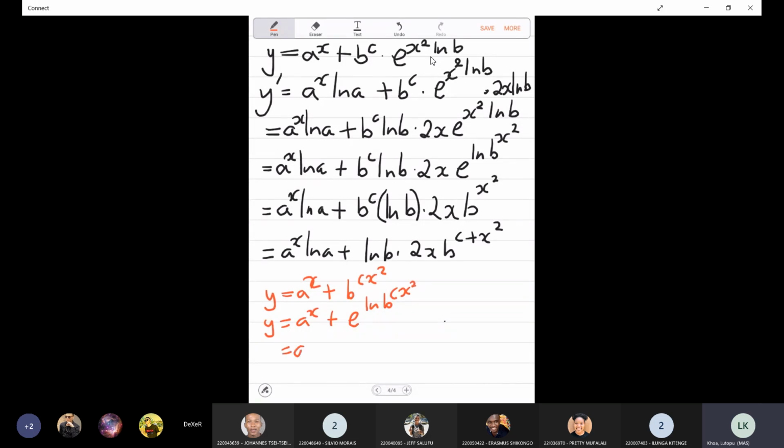This is a to the power of x, e to the power of cx squared ln of b, then the derivative, a to the power of x ln of a, plus e to the power of cx squared ln of b, multiplied by 2cx ln of b.